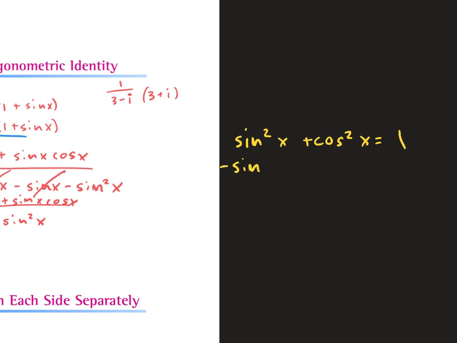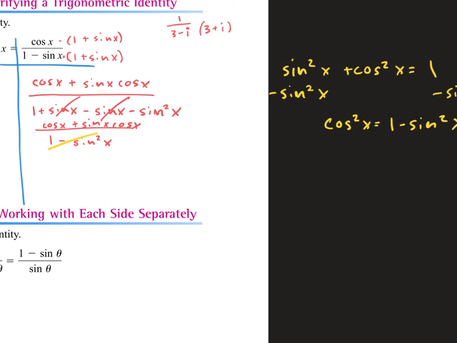Subtract sine squared. So we get cosine squared x is equal to 1 minus sine squared x. So now we can just plug in that cosine squared x for 1 minus sine squared. So we change this to cosine squared x.